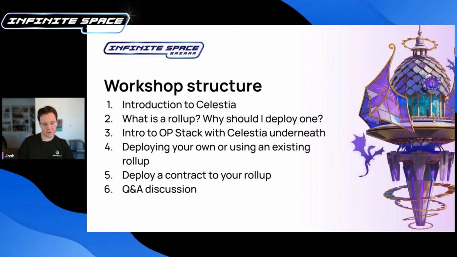So the workshop structure: first we're going to do an introduction to Celestia just to refresh our brains. Then we'll do a section on what a rollup is and why you should deploy one.